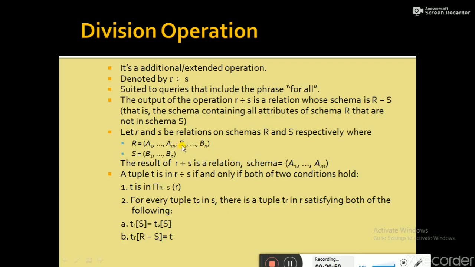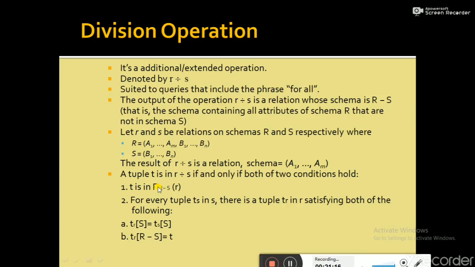Now let's check whether B1, B2, ..., Bn will be there or not. As B1, B2, ..., Bn are present in R as well as in S, those attributes will not be included in the resultant relation.